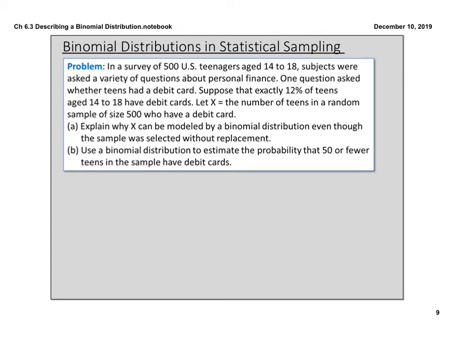So basically what we have to determine here is, does it fit the BINS? Is it a yes or a no, success or failure? Is there a fixed number of trials? Is there an independent probability? And then we also now need to check that 10% condition, okay? So for part A, we know that there is success or failure, and that's a check because it's either debit card or none. You either have a debit card or you don't.